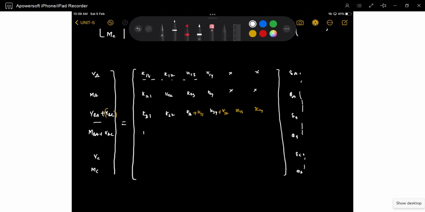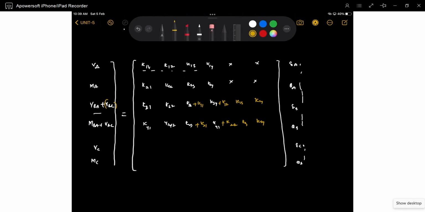So MBA: k41, k42, k43, add k21, k44, k22, k23, k24. Again, VC and MC don't depend on delta A, theta A, so you can write directly 0, 0, 0, 0, then k31, 32, 33, 34, and k41, 42, 43, 44. That's it.